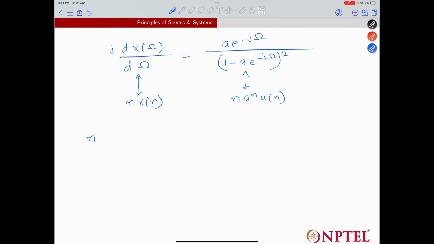We know the derivative rule in the DTFT.